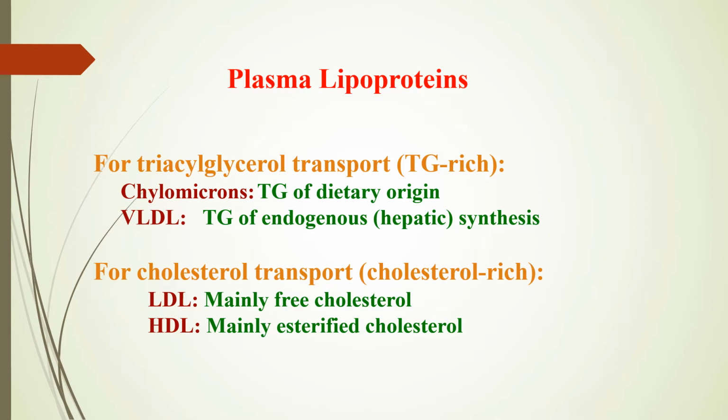This means after meals, and they are synthesized in the intestine. Second is the very low dense lipoproteins, which transport triglycerides synthesized in the liver, or triglycerides of endogenous origin.